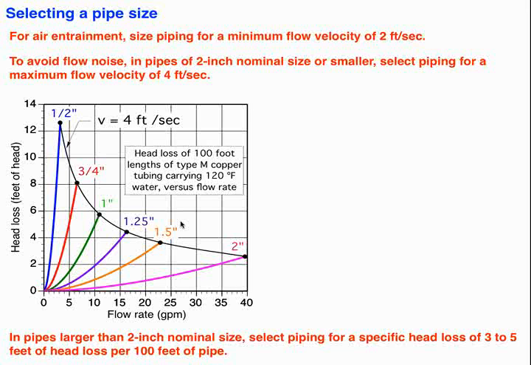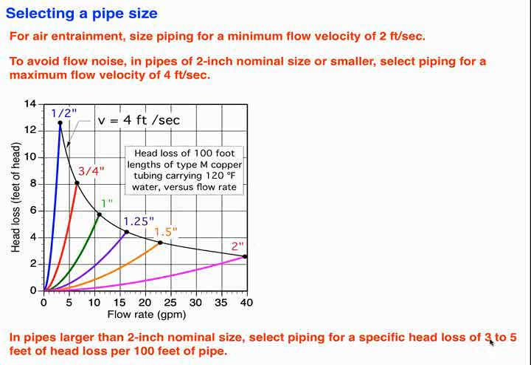When we get above 2-inch, a criteria that, again, is common practice, and is actually mentioned in the ASHRAE handbooks, is to change our sizing criteria from the 4 feet per second to what's called specific head loss. Specific head loss refers to a number, feet of head loss per 100 feet of pipe.